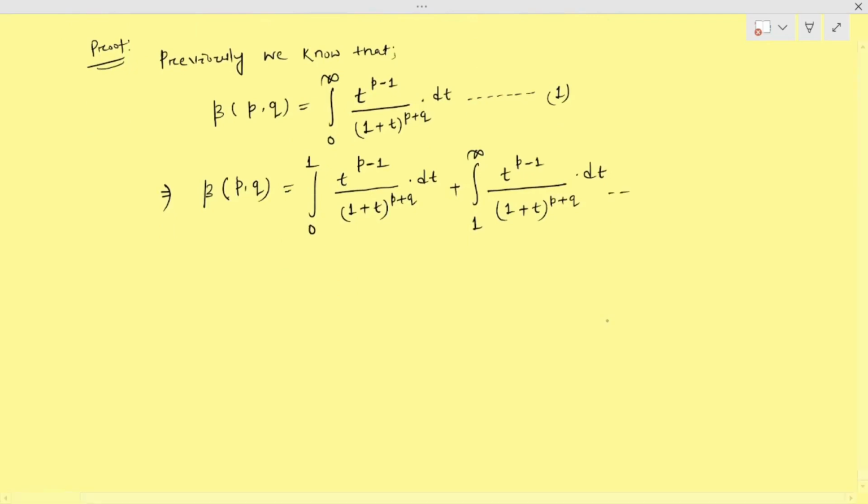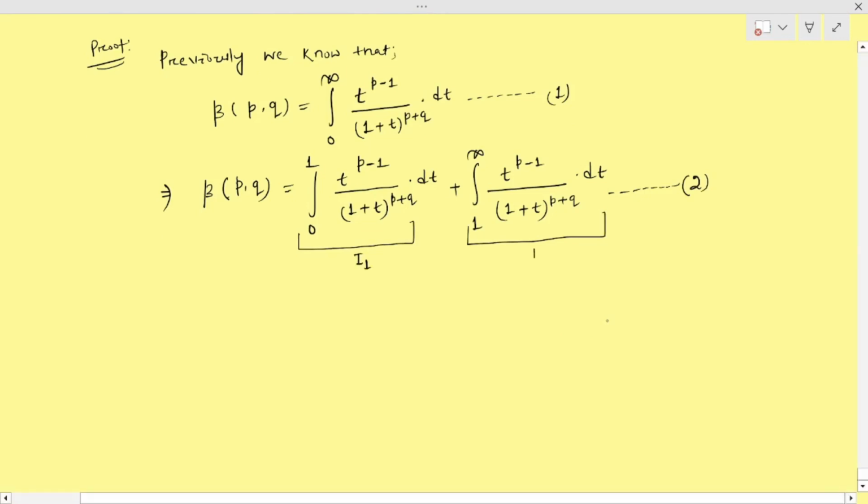Let this be equation number 2. So in equation number 2 we have two integrals. Let this be integral I1, and this be integral I2.